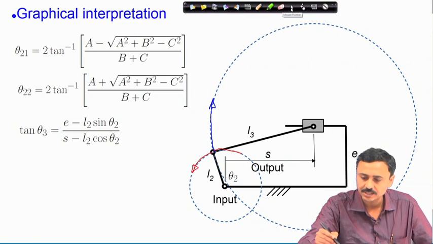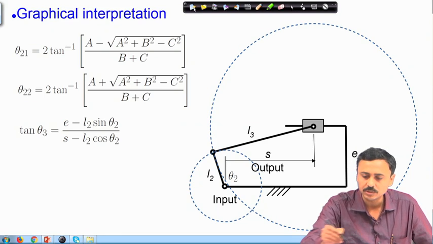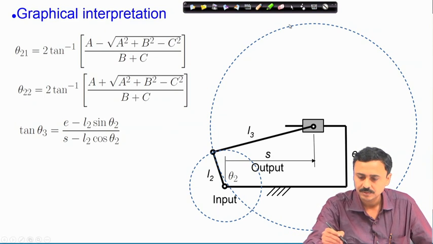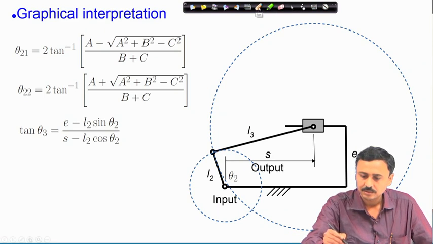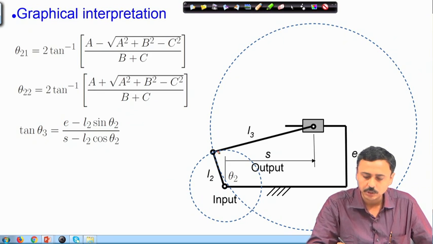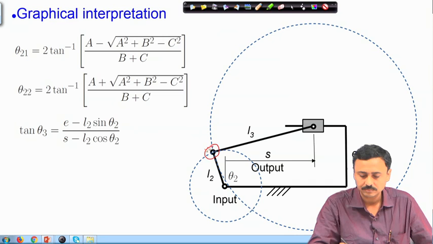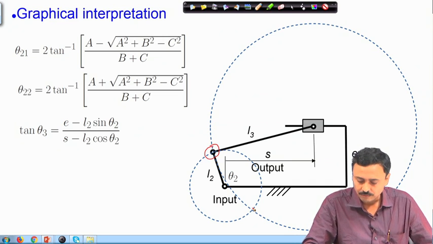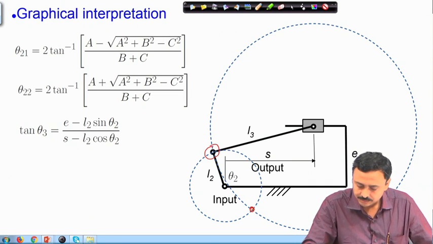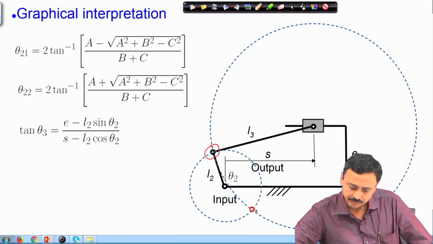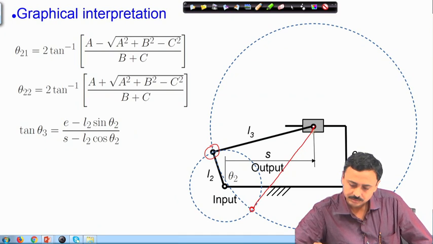There are 2 intersections corresponding to these 2 solutions. One intersection is already shown, and the black configuration of the mechanism is for this intersection. For the other intersection, the mechanism will look like this.